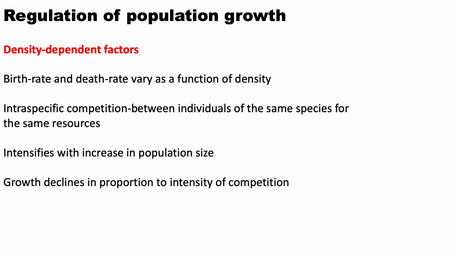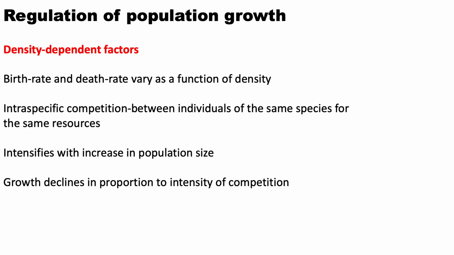Most commonly it is manifested in terms of area-specific competition. Individuals within the same population are competing with each other for resources. As the population size increases, this competition will also intensify, and accordingly, the growth rate will decline in proportion to the intensity of competition.